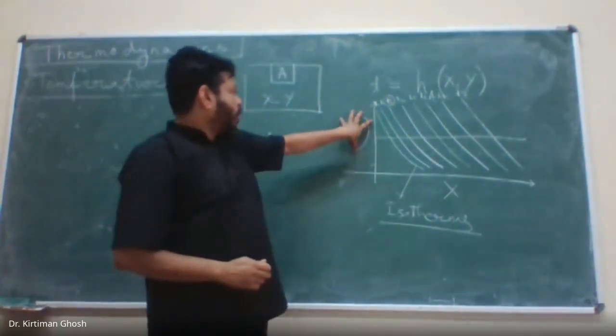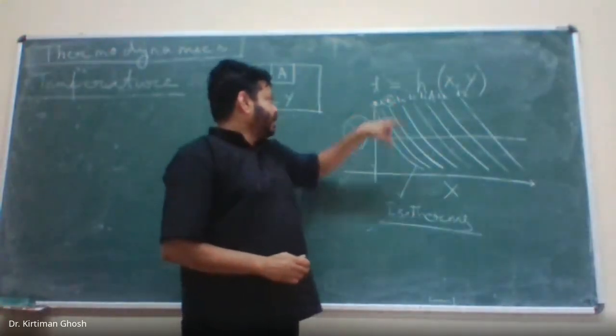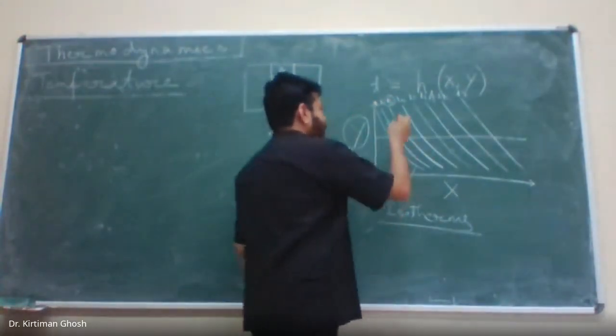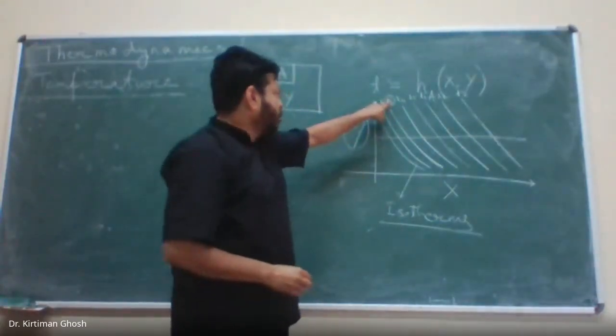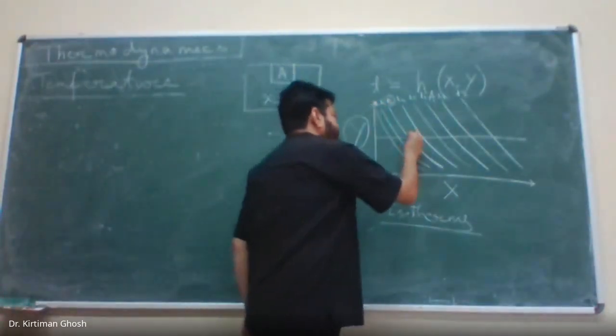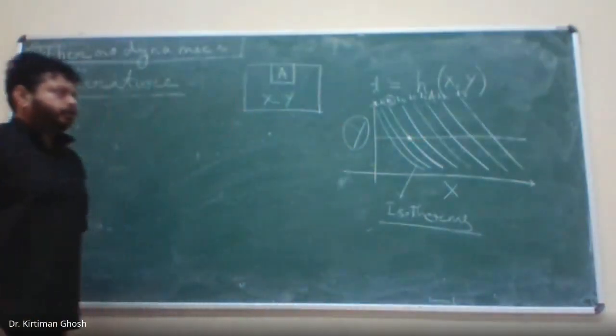Now what will happen? Keeping the y coordinate fixed, let us assume my system is at temperature T3, on the isotherm corresponding to T3. That means my system is at this particular point.